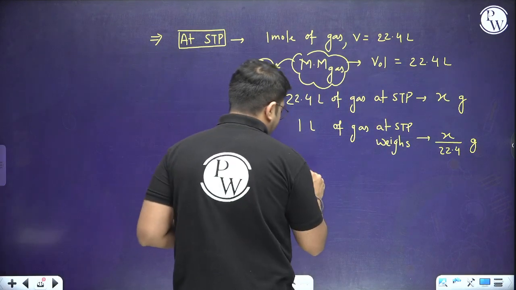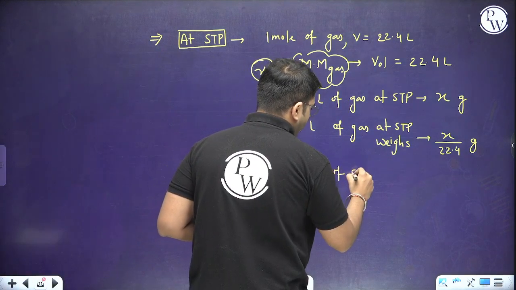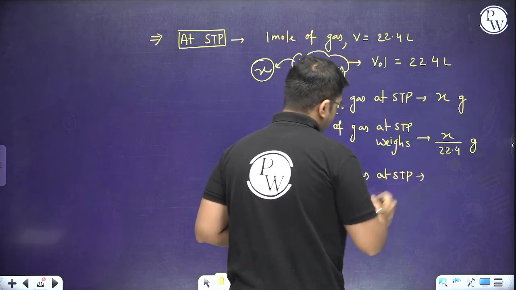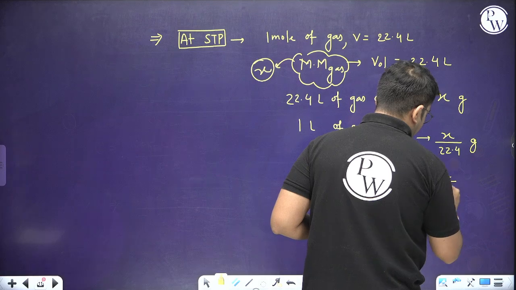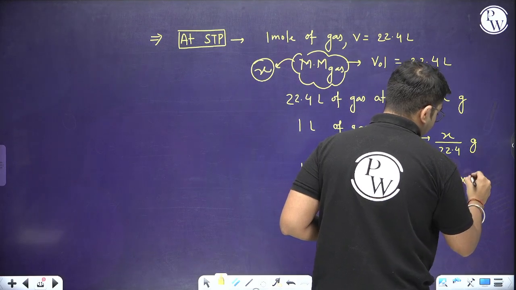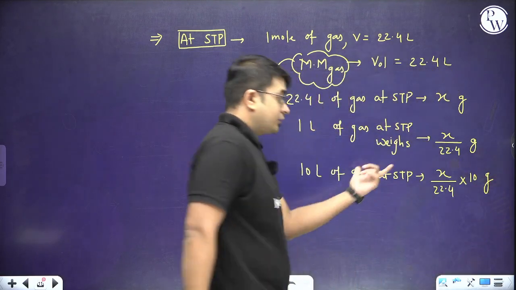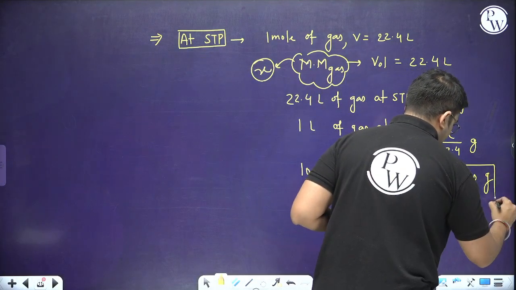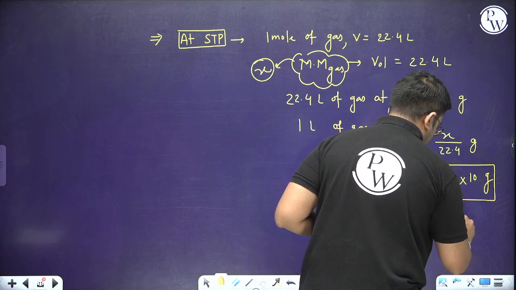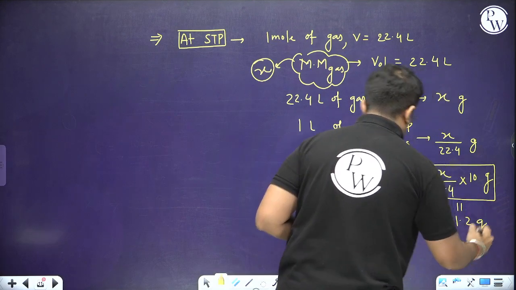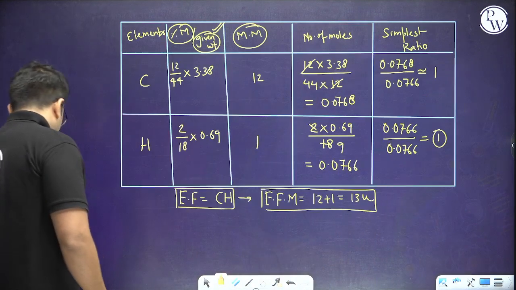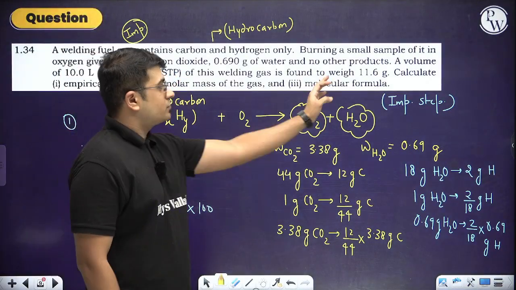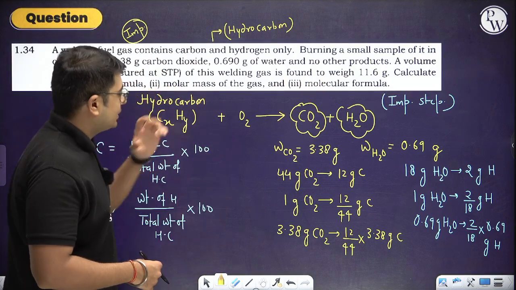Now 10 liters of gas at STP actually weighs x divided by 22.4 multiplied by 10 grams, and this value is already given. This value is actually equal to 11.2 grams. You can see the question, that at STP 10 liters of this gas is found to weigh 11.6 grams.